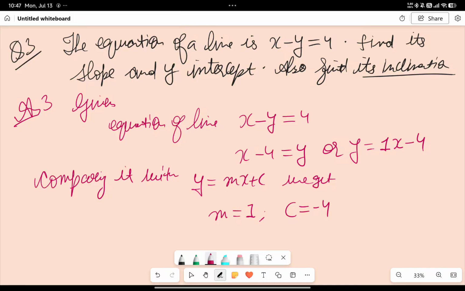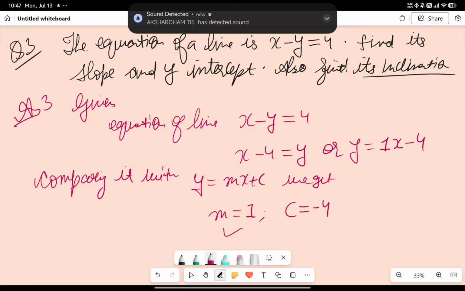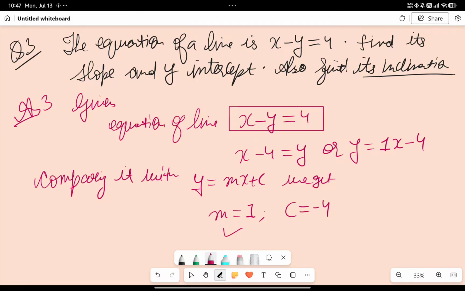Till here any doubt? Slope is clear, slope is 1, and y-intercept is minus 4. Yes or no? x minus y is 4, it's given here, so you rewrite it.